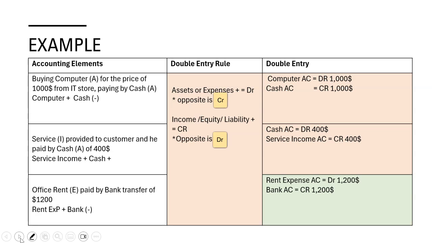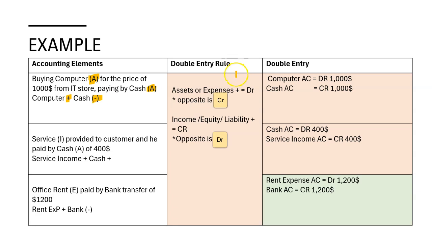So here are some examples we are going to discuss. Example: buying a computer from a store by paying cash of $1,000. Here the computer is an asset and cash is also an asset. The computer asset is increasing and we are paying $1,000, so the cash is decreasing.